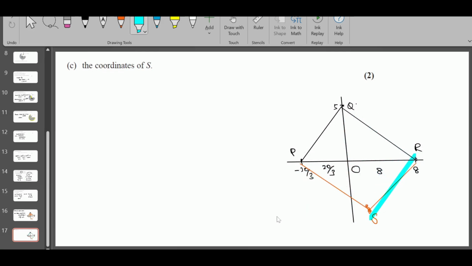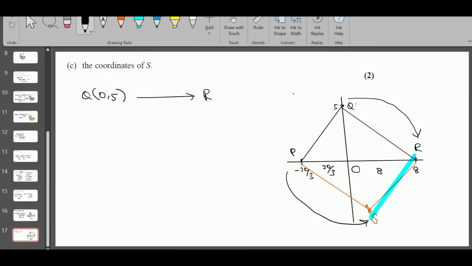So when Q becomes R, P becomes S, right? The point Q, (0, 5), becomes R, which is (8, 0). So the point P, which is (minus 20 over 3, 0), becomes S.